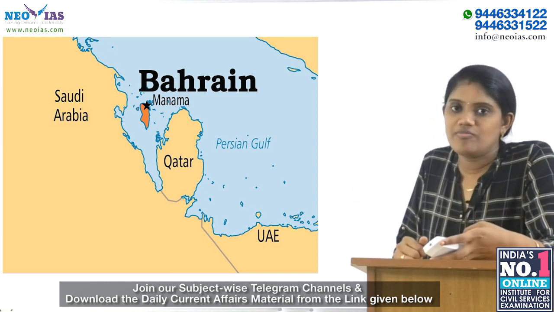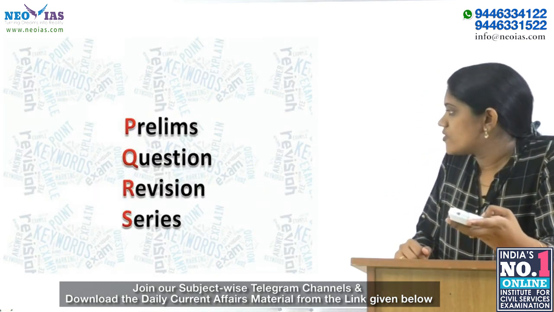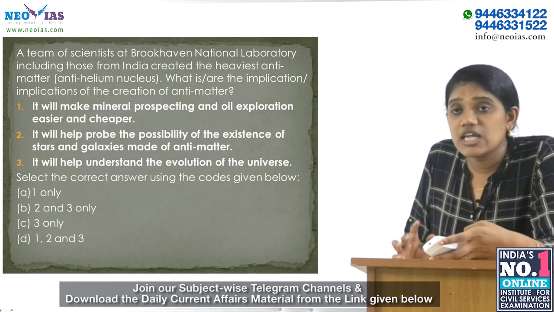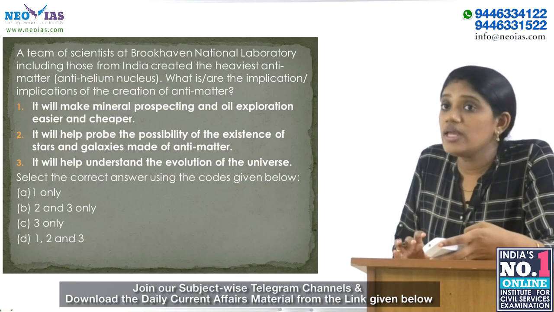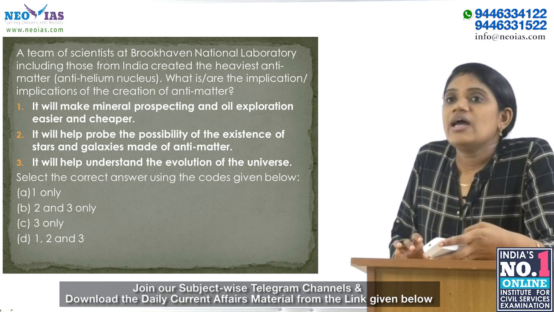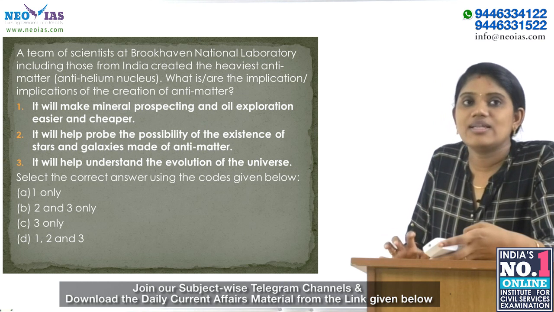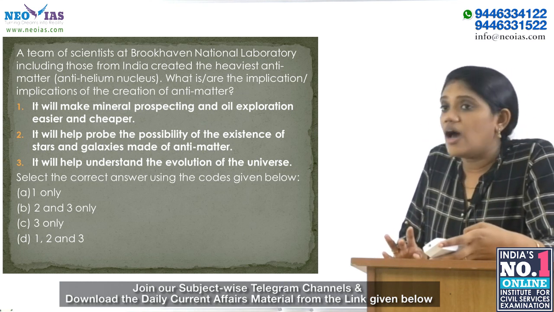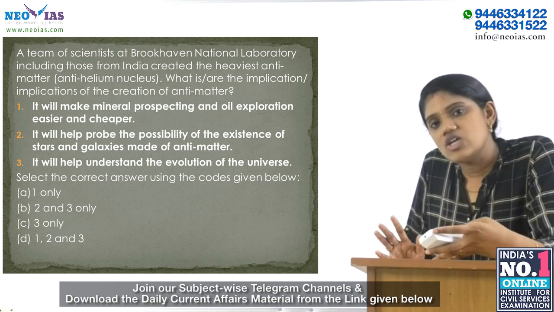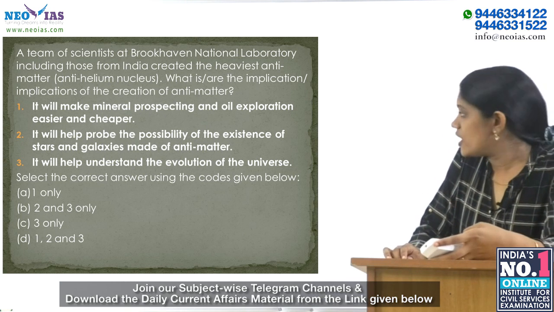Okay. And today in the previous year question revision series, our question is: a team of scientists at Brookhaven National Laboratory, including those from India, created the heaviest antimatter, that is the anti-helium nucleus. So, what is or are the implications of the creation of this antimatter? We are given three options.